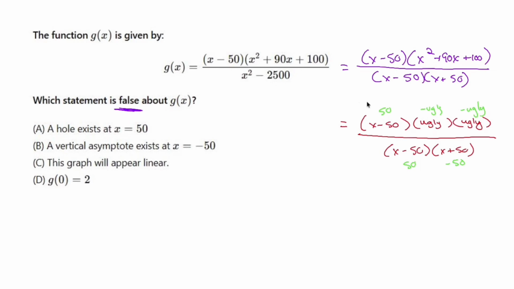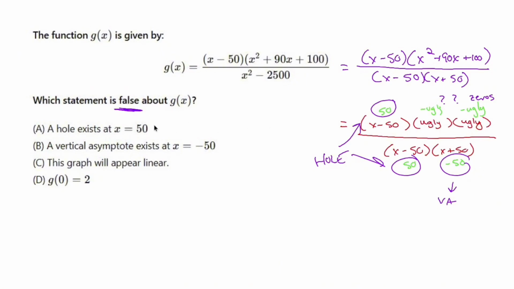The x minus 50 factors are the same, which means 50 is a hole. And negative 50, by the way, same thing with regular 50, since the only way that you're going to get answers for this, they're going to be ugly numbers, there's no way that any of them are going to be 50. So none of these are going to match up. So negative 50 is a vertical asymptote no matter what. And whatever these guys are, who cares, they're going to be zeros. So a hole exists at 50.